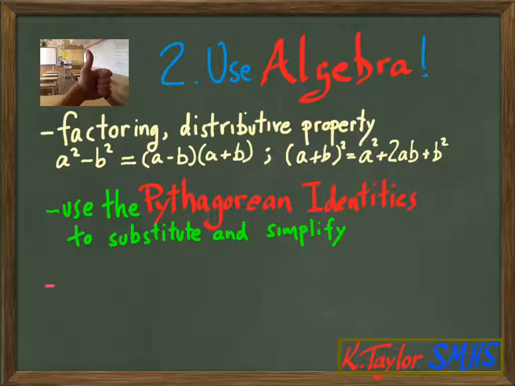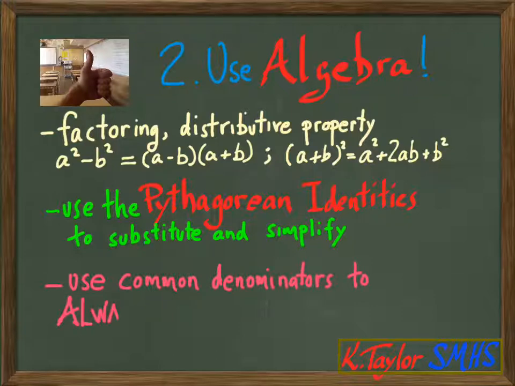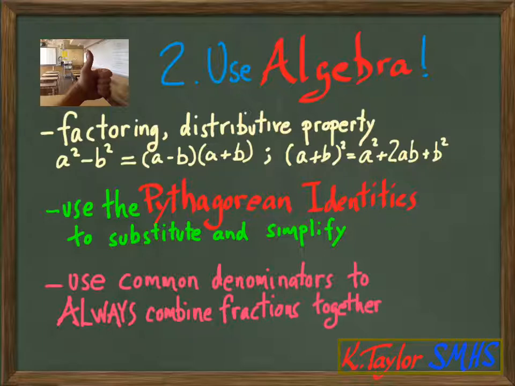And finally, the other algebra trick that I wanted to mention is whenever you see a fraction, or a pair of fractions I should say, always try to combine fractions together using common denominators. It's very important that you keep that skill alive and healthy, let's put it that way.